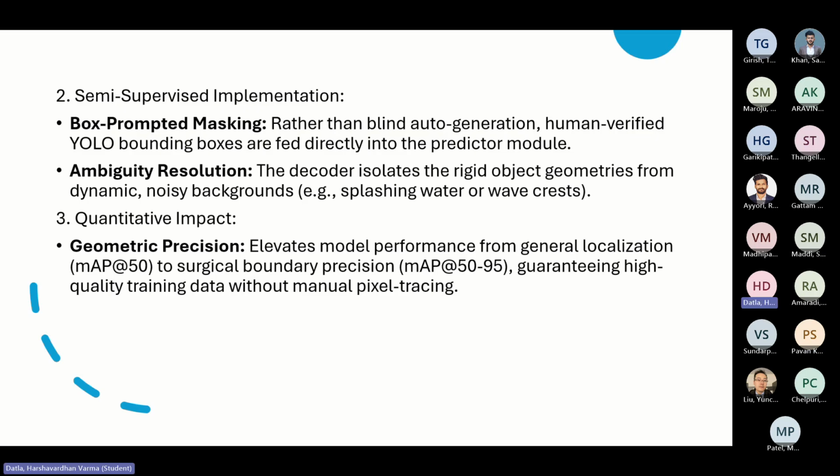The semi-supervised implementation is, rather than blindly auto-generating the labels, human-verified YOLO bounding boxes are fed directly into the predictor module. The decoder isolates the rigid object geometries from dynamic noisy backgrounds, as in it gives pixel-to-pixel identification of the object, compared to the original labels from the dataset.